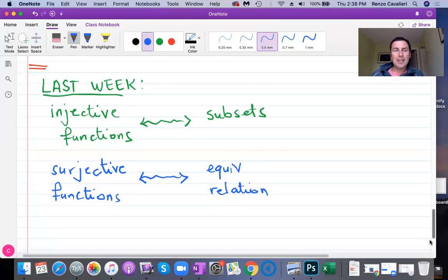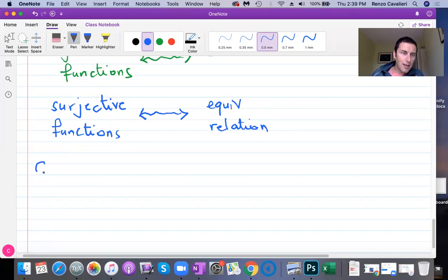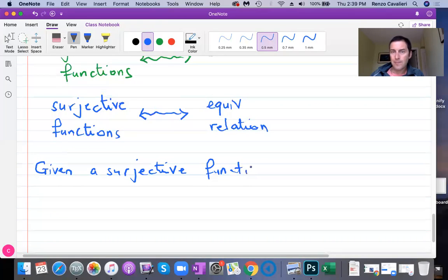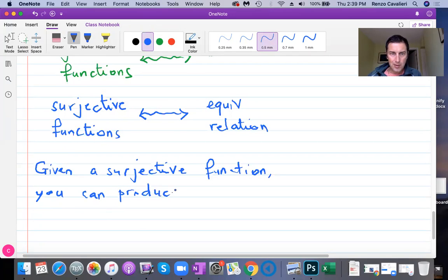And this is, again, in the sense that given a surjective function, you can produce an equivalence relation.